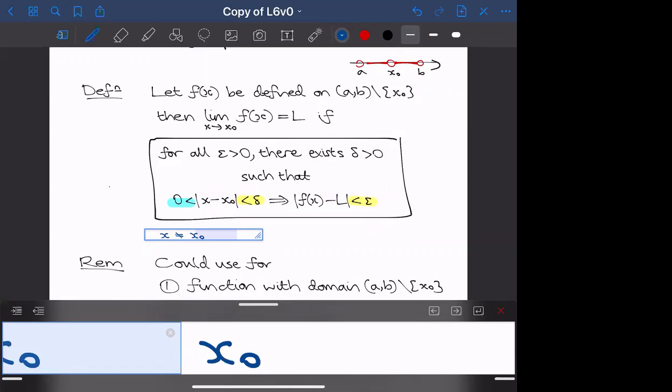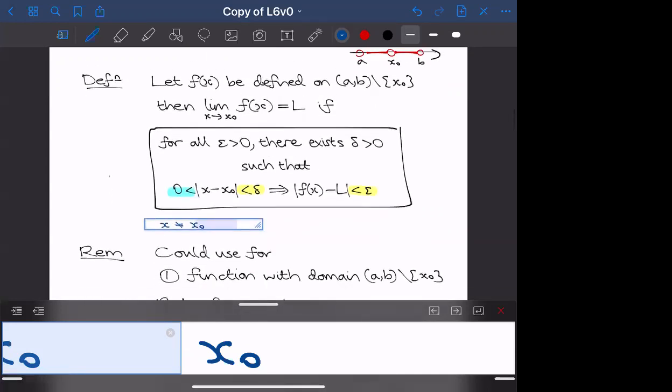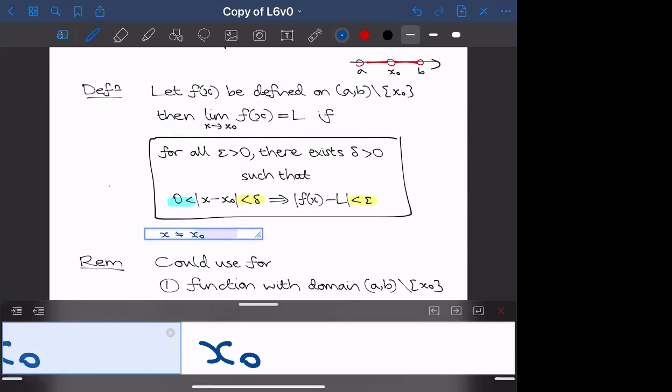So this domain, A to B with x0 removed, that is important, but also often our function will have domain the real numbers, for instance. But we can shrink the domain to A to B with x0 removed. But the important thing about the definition is that the function does not need to be defined at x0, it only needs to be defined close to x0. It's important.